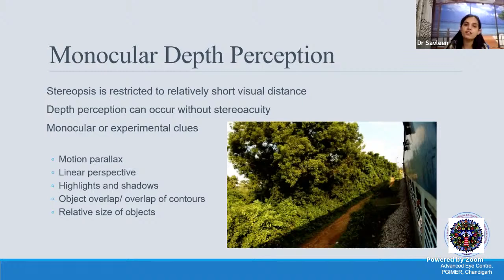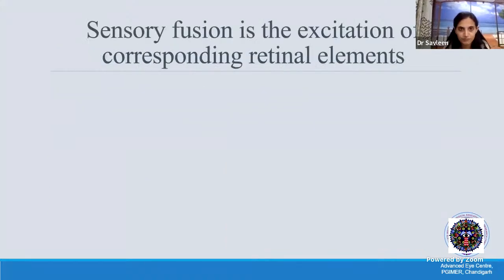So even a patient who has lost one eye will have some cues that help give depth. Stereopsis is for a relatively shorter visual distance, and some depth perception can occur without stereoacuity as well.